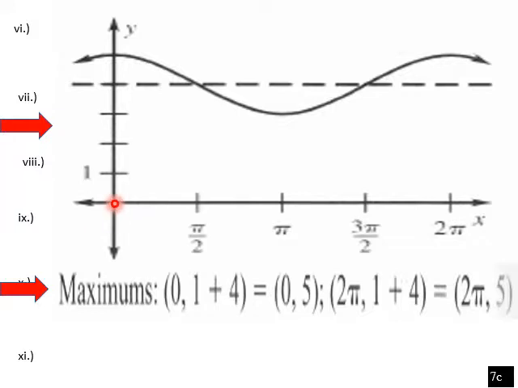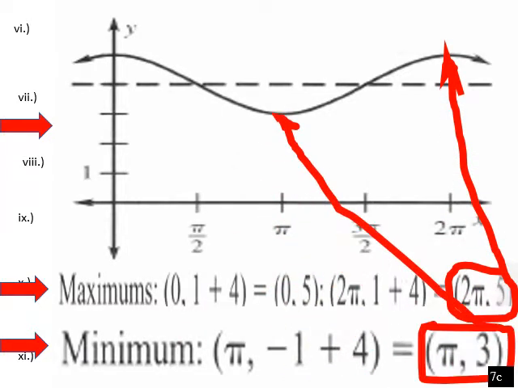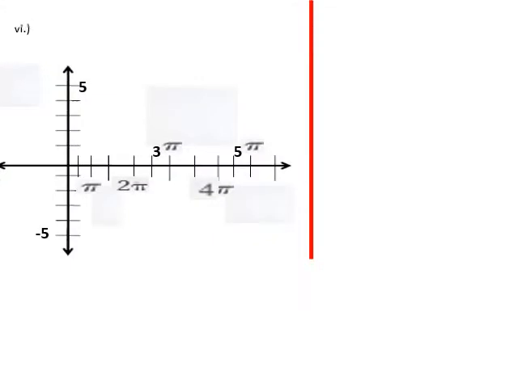So it would be when x equals 0, y would equal 5 up here. And then 2 pi and 5 would be the same thing. 1 plus 4 would be up here. And then our mins will be pi and 3. So pi, 3 here.